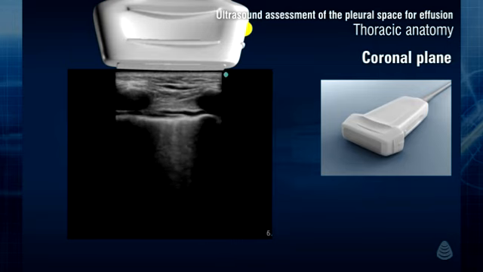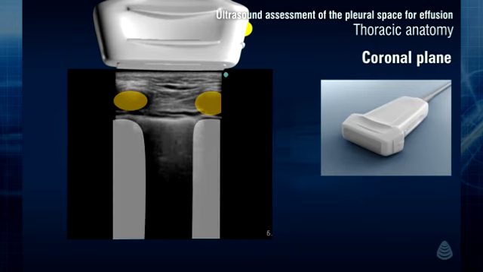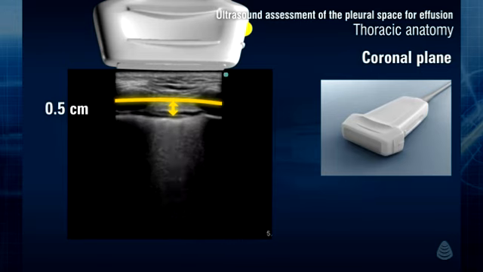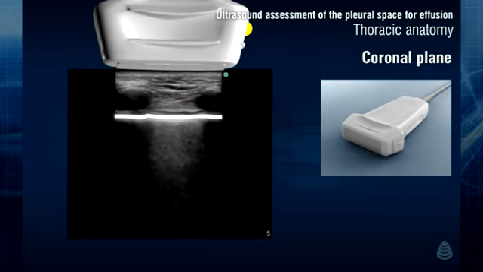Directly under the probe lie the layers of subcutaneous tissue, fat, and chest wall muscles. The contour of the ribs is then seen with their accompanying dark acoustic shadows. Approximately 0.5 centimeter below the rib cage line lies the hyperechoic, bright horizontal line called the pleural line.